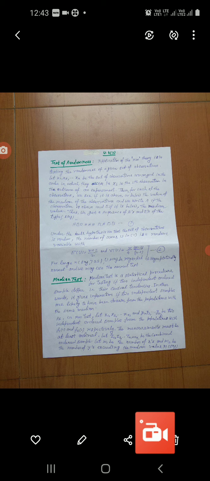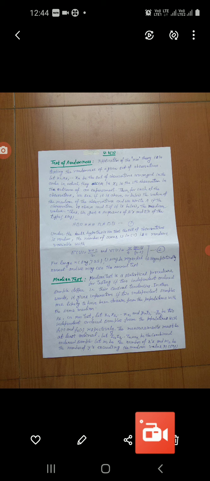In other words, it gives information if two independent samples are likely to have been drawn from the population with the same median, or not.